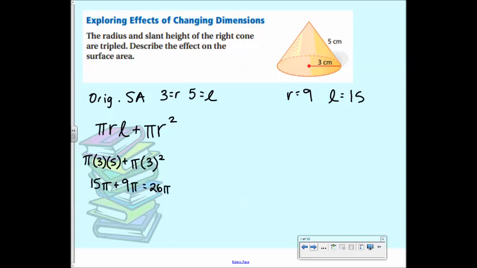Triple. So these are your new ones. You're just plugging these into the formula. So we're just doing the surface area? You're just doing the surface area. The formula's right here. You're just plugging in the radius and the slant height for the new cone.